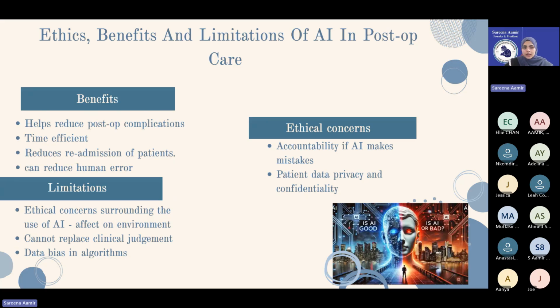Using AI can help with that because humans need rest, but AI doesn't. And it reduces admission of patients because it continuously checks up on them, so they make sure there are no chances of more complications arising. And again, it can reduce human error.